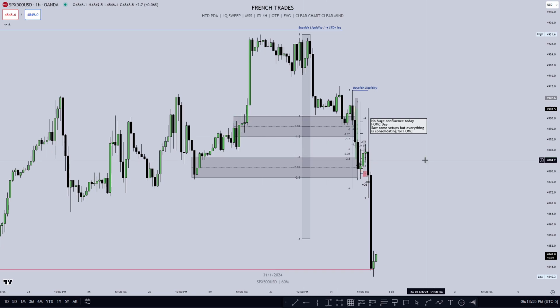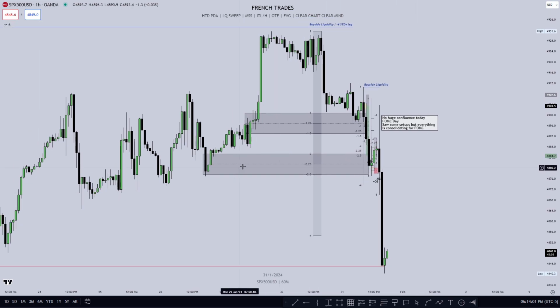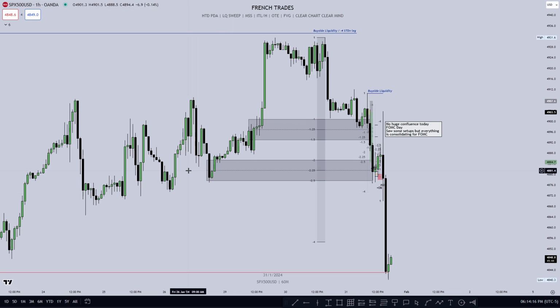But when you get down to the lower ranges where it's more in discount, you'll realize that the -2 to -2.5 line up with almost this low, which is right under this imbalance of this 1 hour fair value gap, which could be something you're looking at. The consequent encroachment also lines up with an order block. So there's a lot of stuff here. And if you haven't noticed, there's also a balanced price range, which is sitting right here.